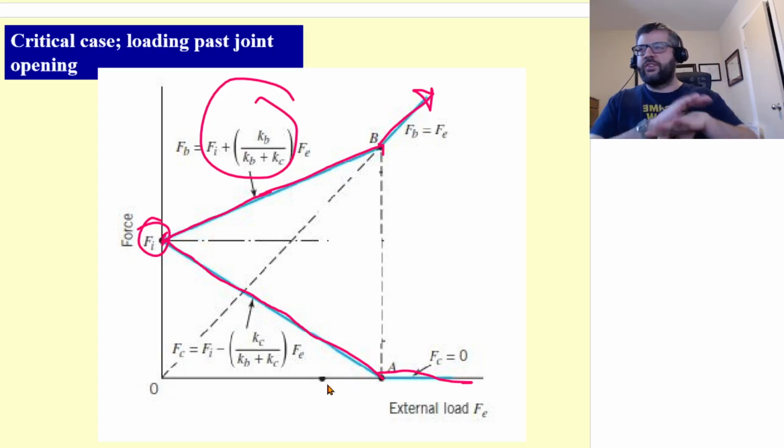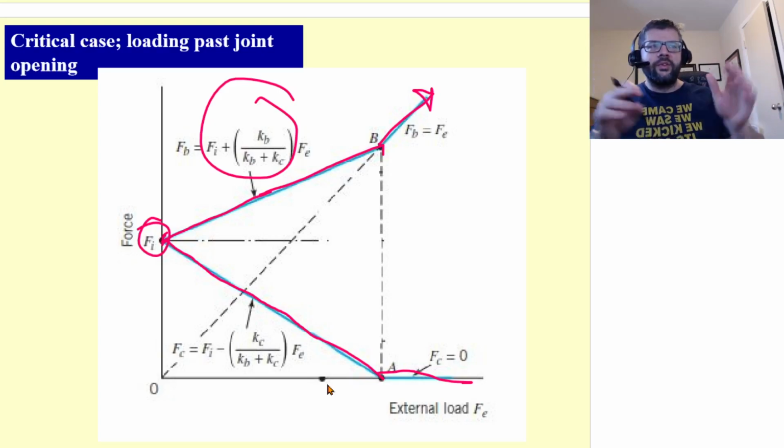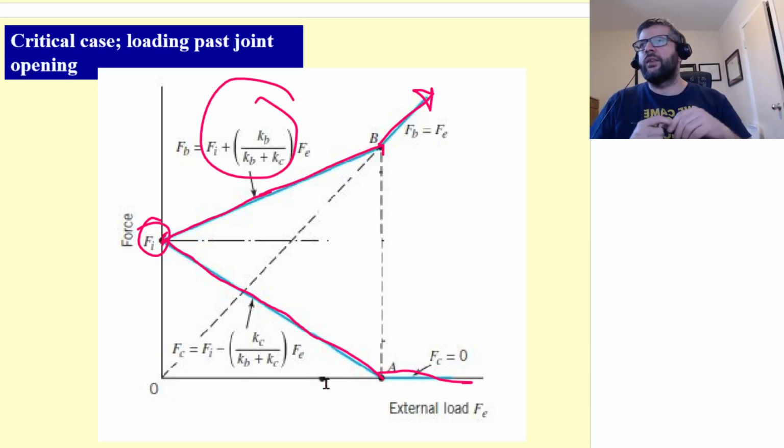The compression's gone, so any additional increases in the force that's applied just cause more stretching in the bolt, which will again eventually lead to failure of the bolt.